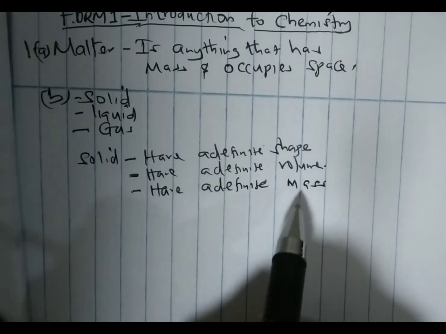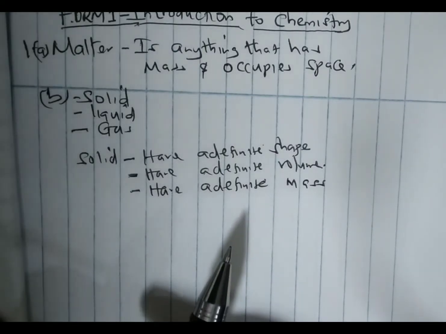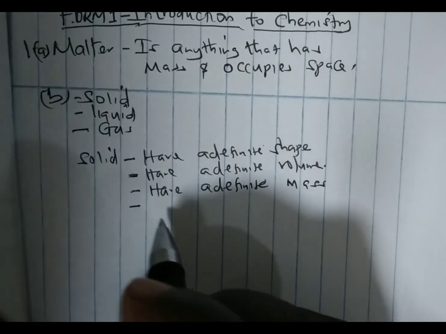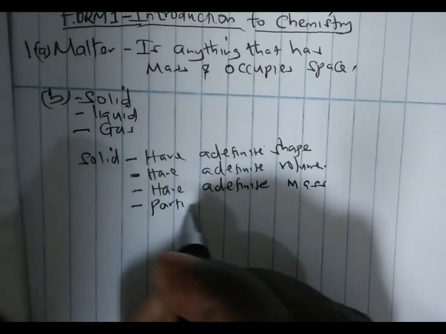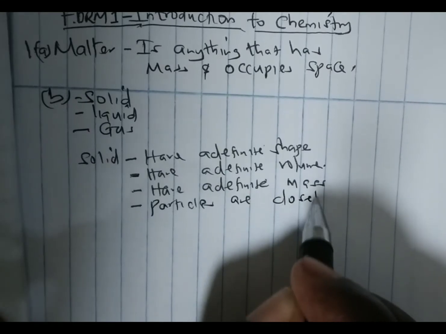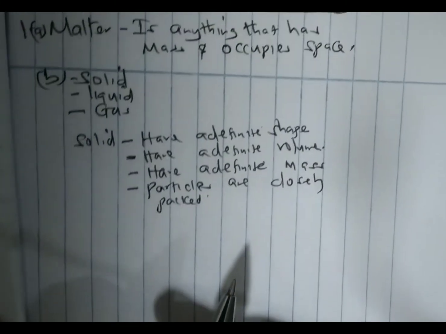That means one can find the exact mass of a solid object. The last point under solid is that the particles in solids are closely packed because of the stronger forces of attraction between the particles of a solid.